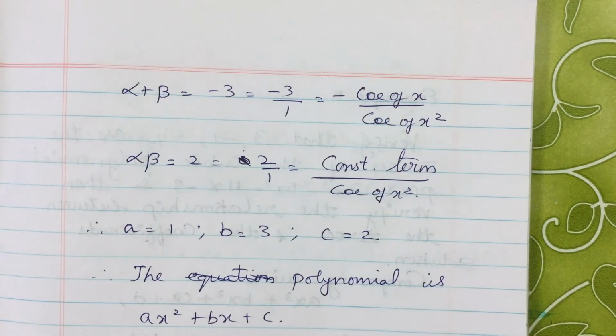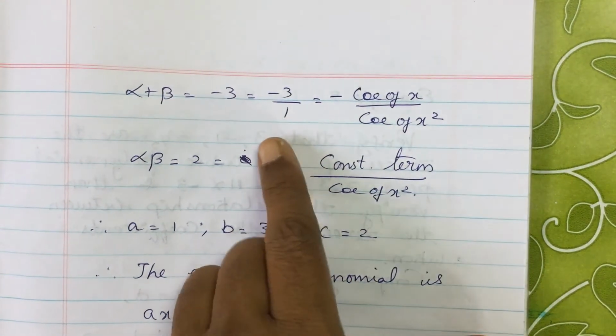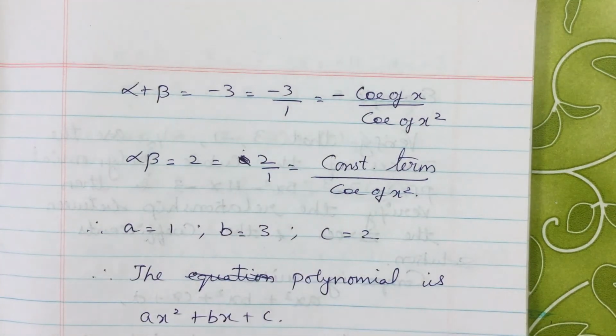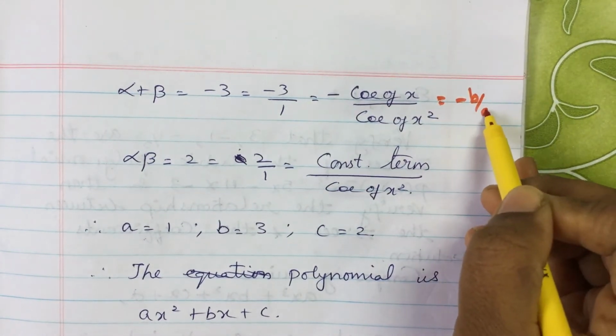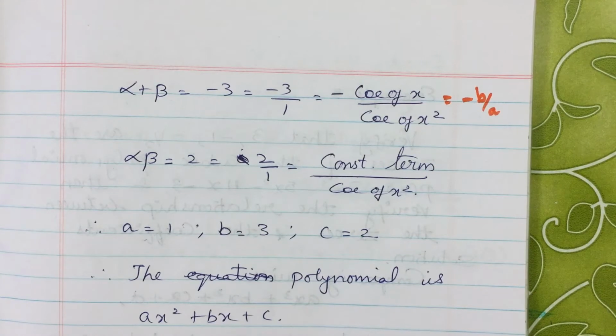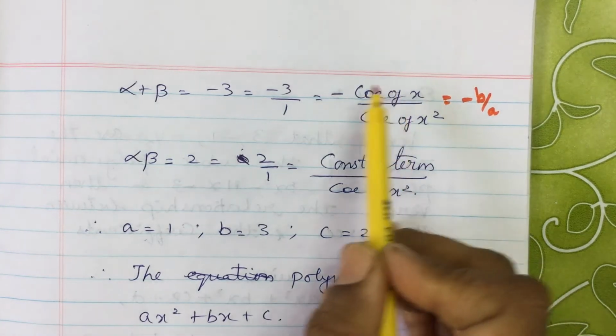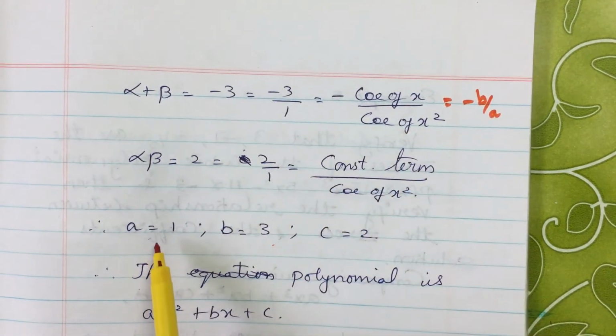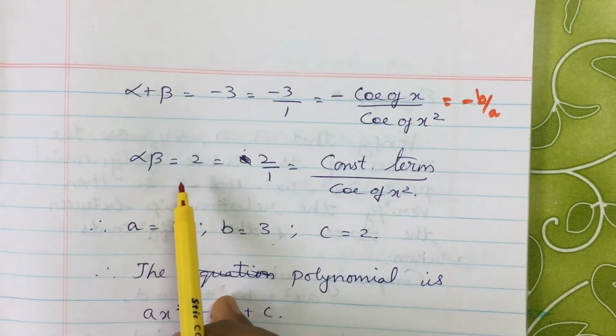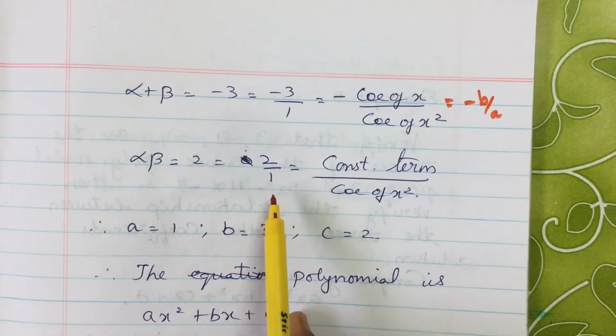So when I put 1 here, I can compare this minus 3 by 1 to the regular formula, minus b by a, where b is the coefficient of x and a is the coefficient of x square. If I compare, then coefficient of x, that is b, should be 3, and coefficient of x square can be 1. And coming to the product, alpha beta is equal to 2, that is 2 by 1.